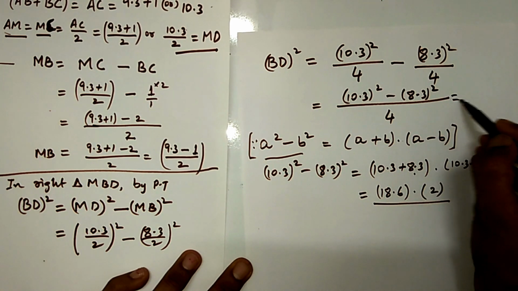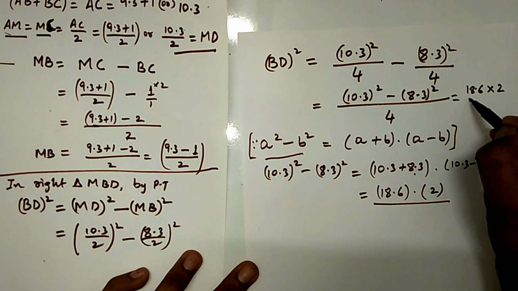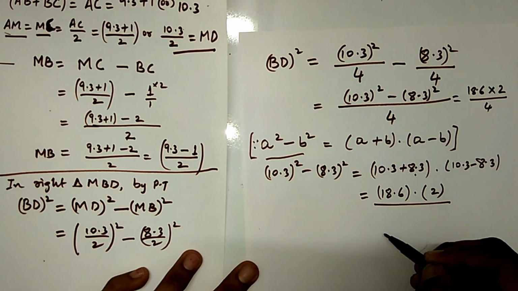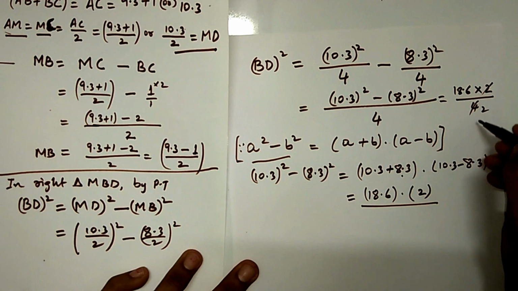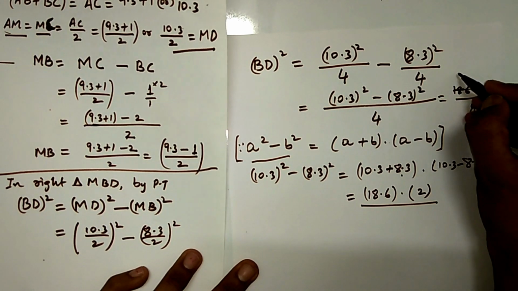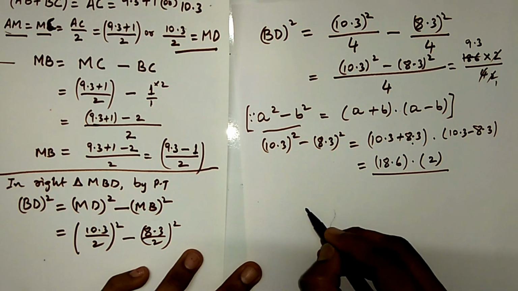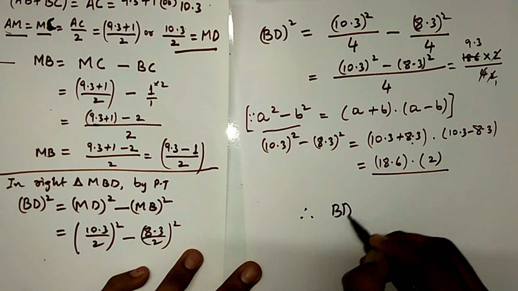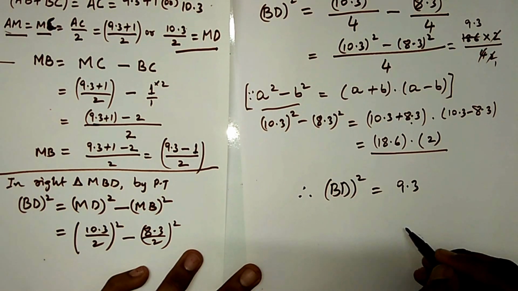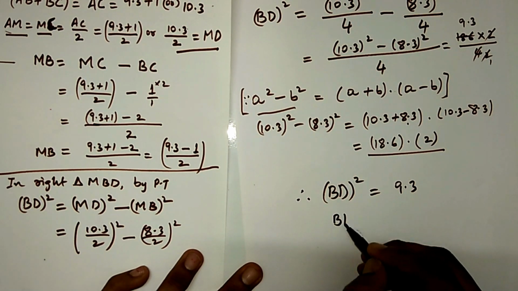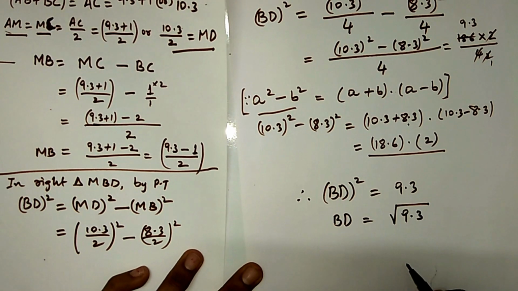Let us substitute here: 18.6 into 2 by 4. Now, on cancellation, 2 2s are 4, 2 1s are 2, and 2 9.3s are 18.6. Thus, I have BD square being 9.3, which means BD is square root of 9.3.